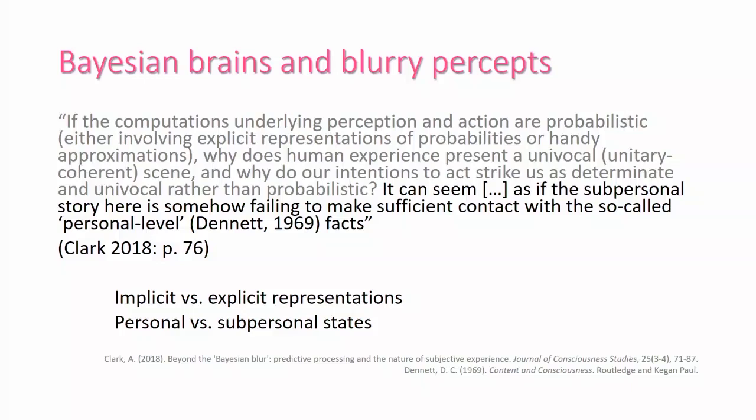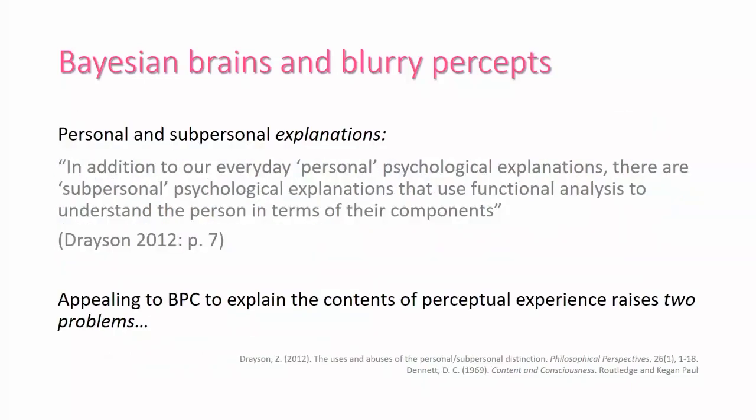So the reason I think that it's a genuine worry that really needs a solution is because I go along with Andy Clark and with others in subscribing to a view of the subpersonal and personal that construes it in terms of types of explanation rather than specifying types of entity.